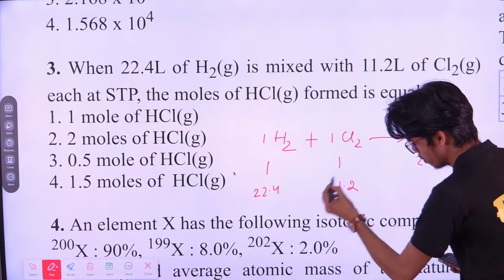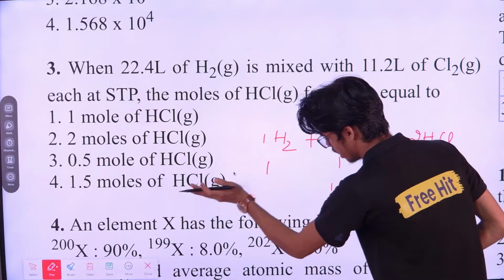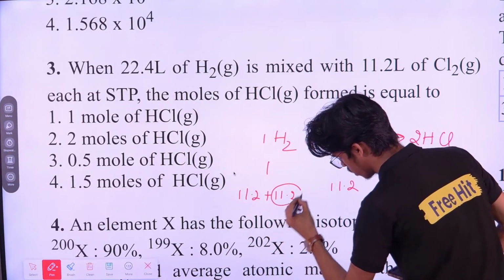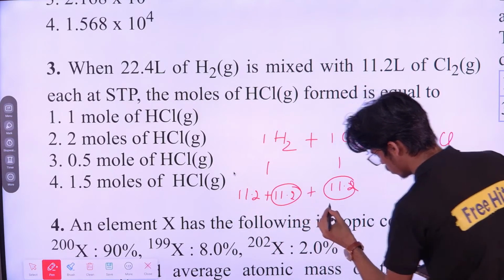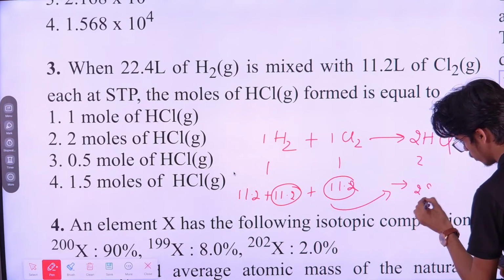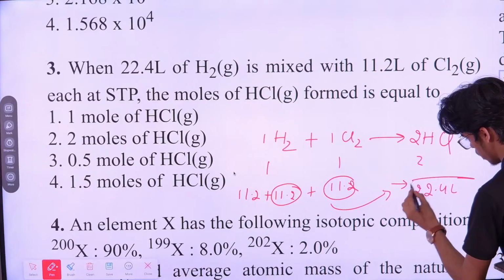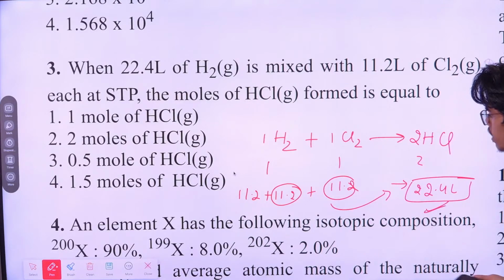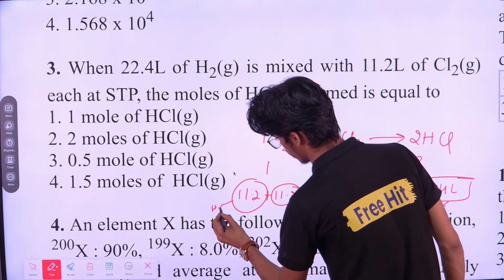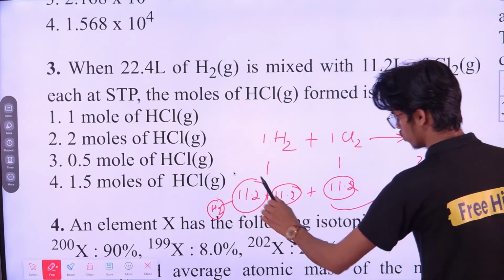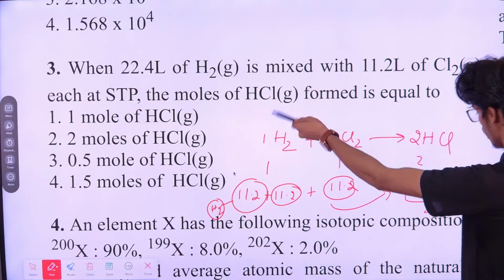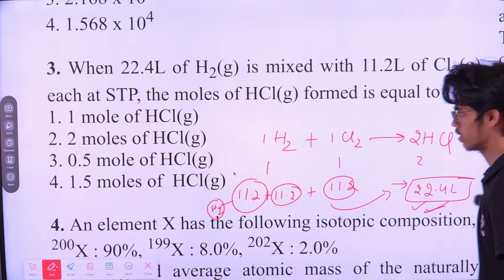So this 11.2 liter of chlorine will combine with 11.2 liter of hydrogen to form how much HCl? 22.4 liters it will form, and the remaining amount of hydrogen will be left as it is. So at the end of the reaction we have H2 11.2 liter and 22.4 liter of what? HCl, got it.